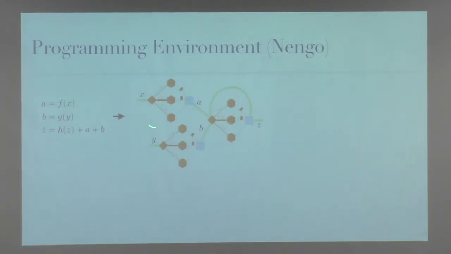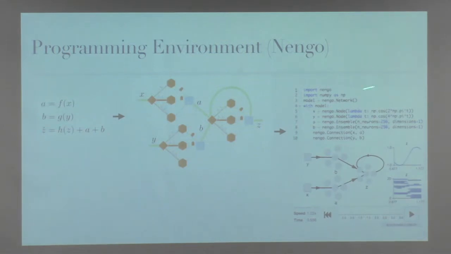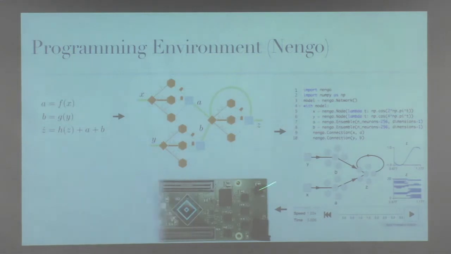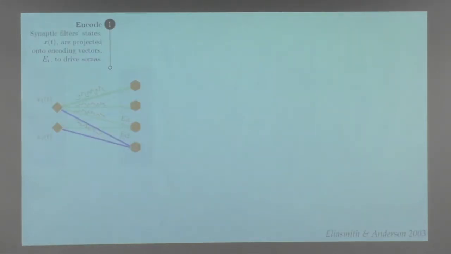Each of these equations corresponds to a pool of neurons, and you describe it in Python, and you can do it interactively and play with it. And we basically designed a chip to sit like a back end. Either you can run this code on the computer, or you can actually run it on the chip itself. And this is an example of a system that we've implemented on there.